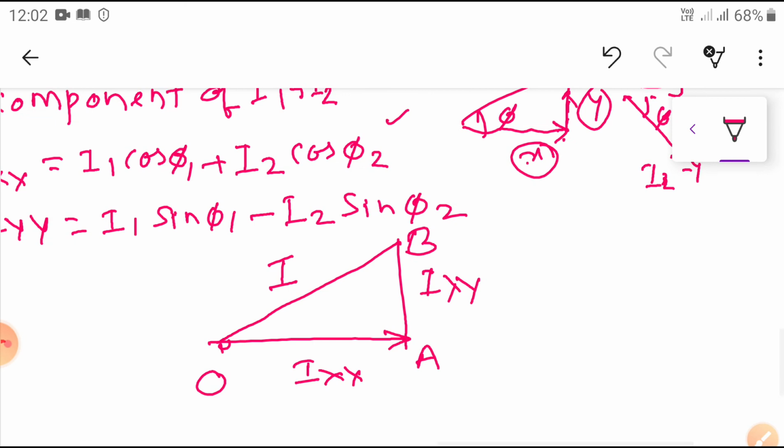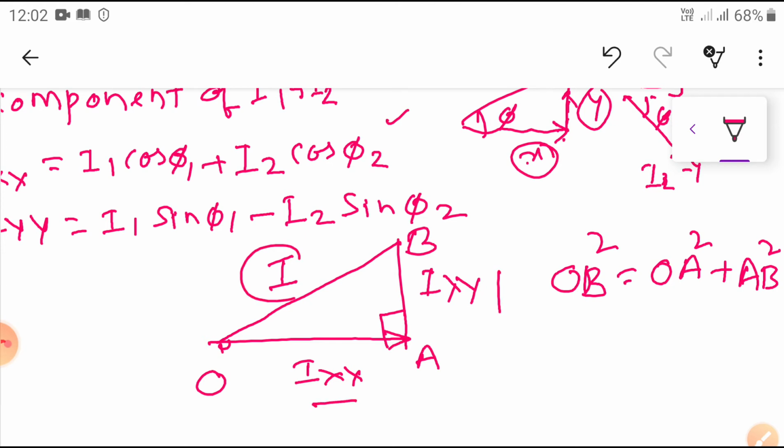What is the formula? OB whole square is equal to OA whole square plus AB whole square. It is the same Pythagoras theorem.